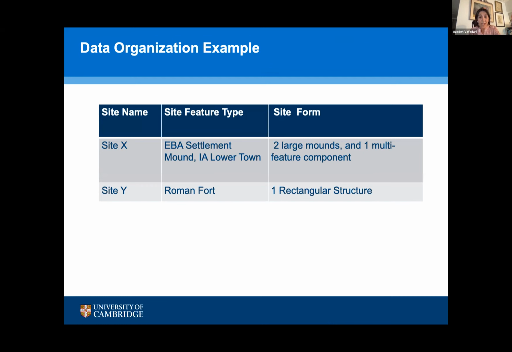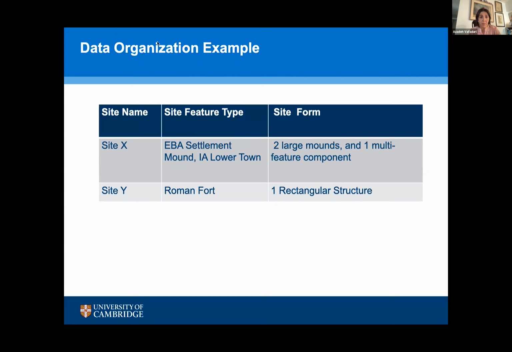Most of the time we have descriptive information about archaeology, in tables or Excel sheets or spreadsheets, and in some cases we might have a few different variables together in one field. This is an example that both Junaid and Mahmoud will use, with more information about these two sites, X and Y, the example that we use as a data set for our workshop today.